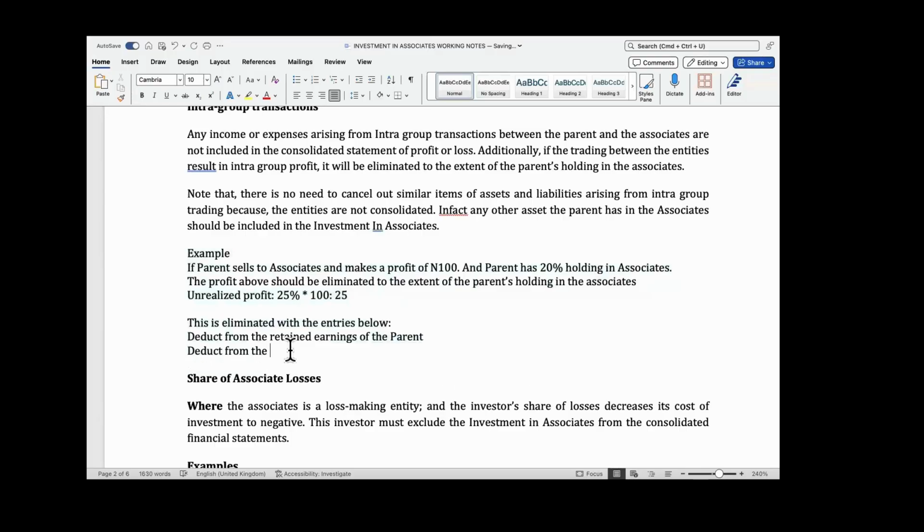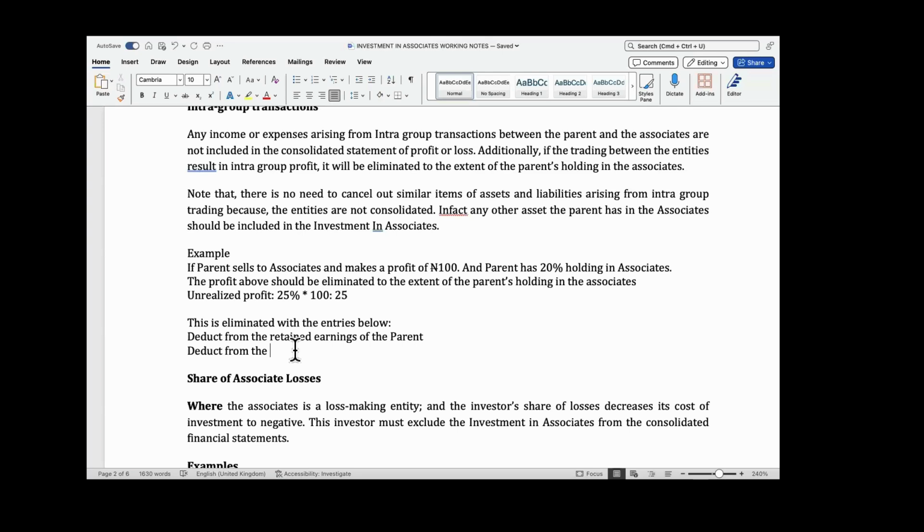What's your name, sorry? Eno. That's brilliant. Why did you choose cost of investment and not inventory? I was waiting to hear inventory, like we did for subsidiary. Why did you go for cost of investment? Since it's the unrealized profit. Okay, I know. You have tried.